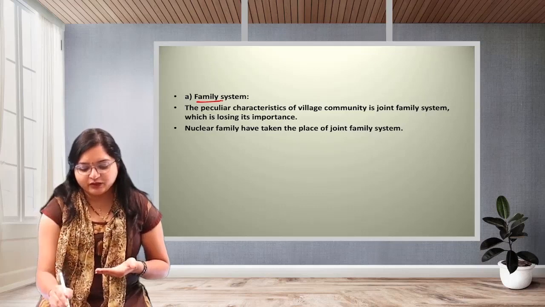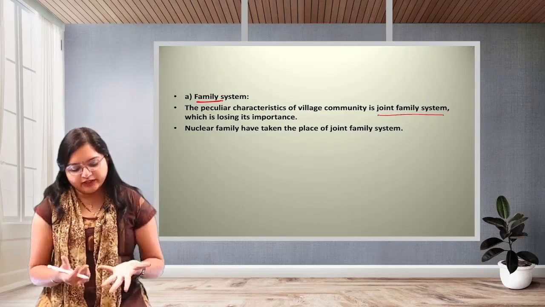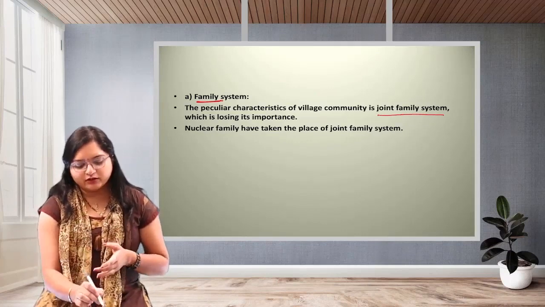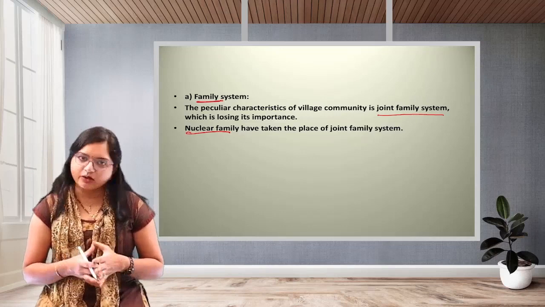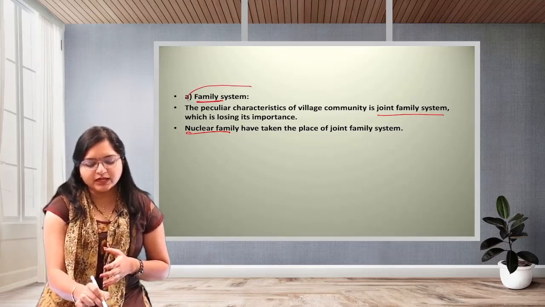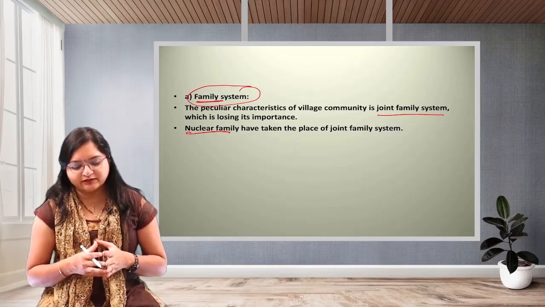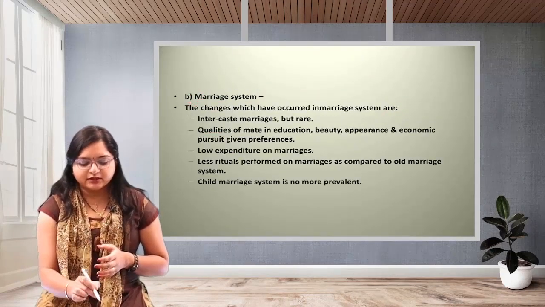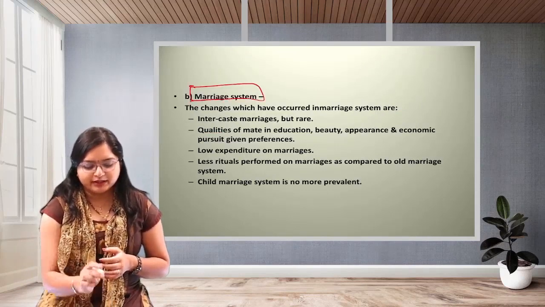The joint family system is not existing anymore in the village itself, and nuclear families have taken the place of joint families in village communities also. So this is the first change in the rural system, that is family system. The second change in the village community is marriage system.